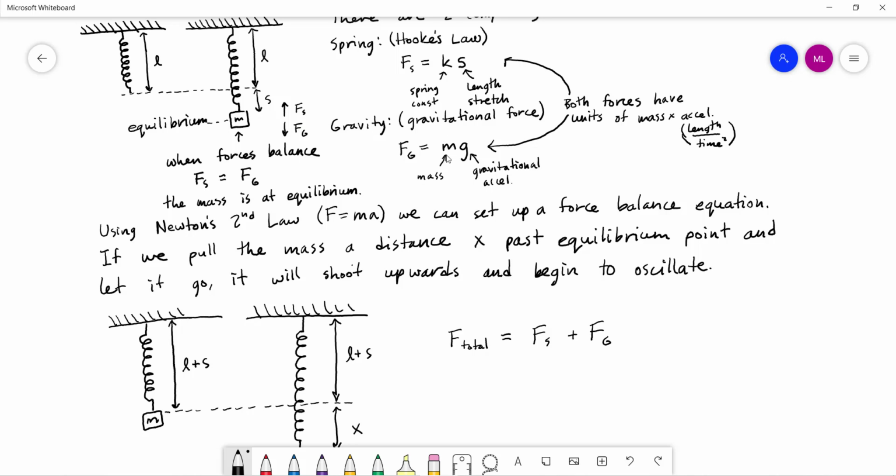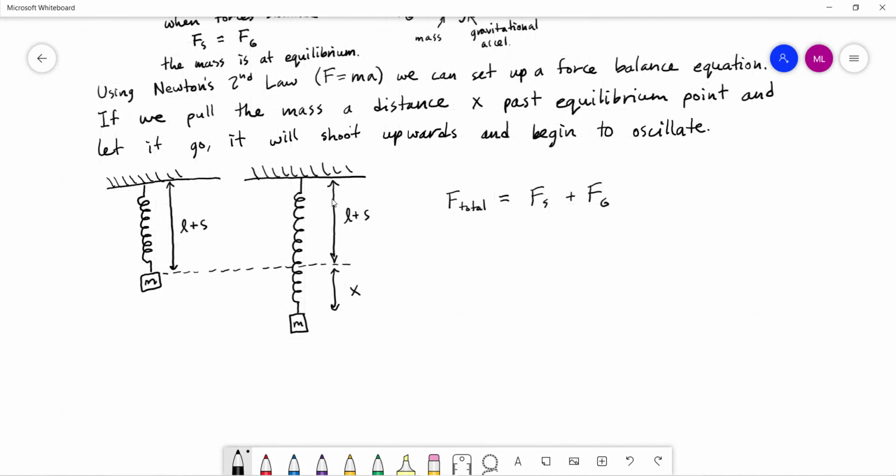To do that, we'll decide which direction we want to consider positive. So we need to assign an axis here, and oftentimes this will be the positive x-axis, so to speak. Down will be the positive direction in what we're going to write here. So that total force, which is mass times acceleration, will look like this.